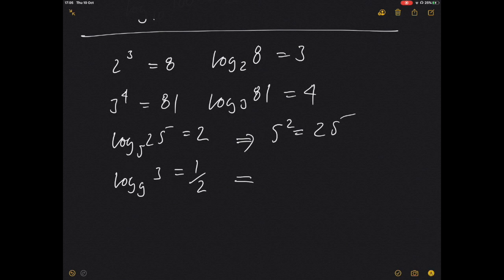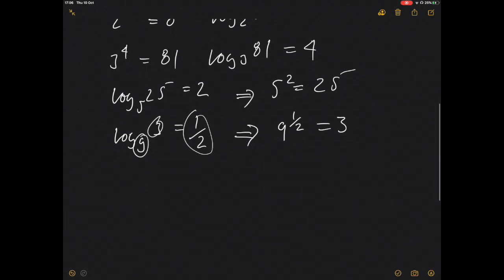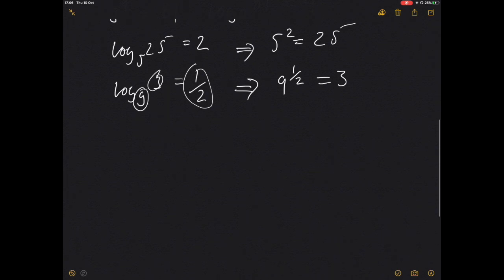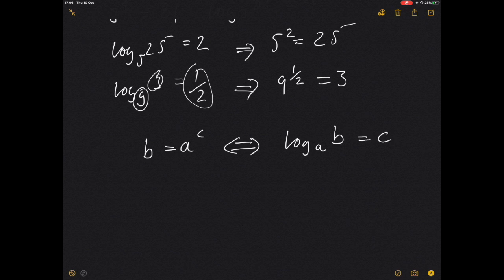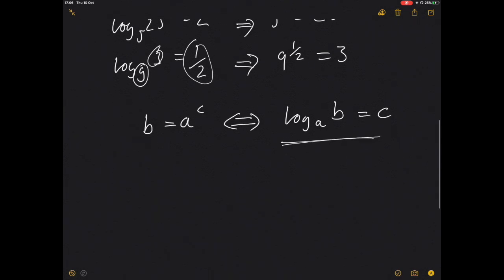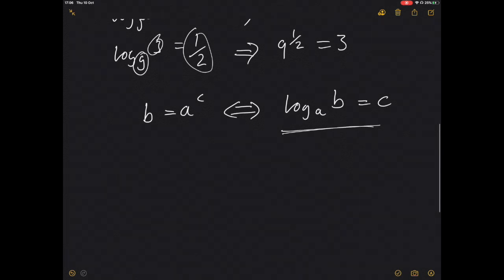That is the same as saying 9 to the power of a half, which is its square root, equals 3. We have our base here, we have our 3 here, and we have our half here. We've just rearranged them. So effectively, we can make up this rule which says b equals a to the power of c is the same as saying log base a of b equals c. Really quite simple.